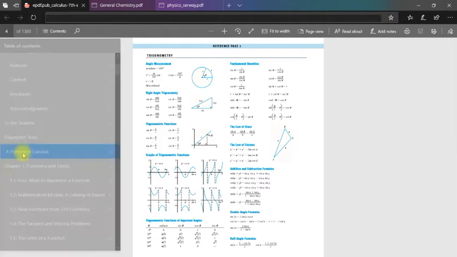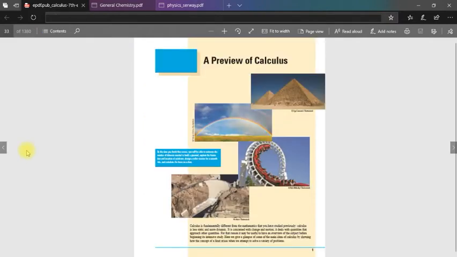Now, look at this. We have a preview of calculus. Sometimes there are previews, but each book has its own. This is why I said the very beginning is very important for you to scroll through and understand, because it would explain how the book works.